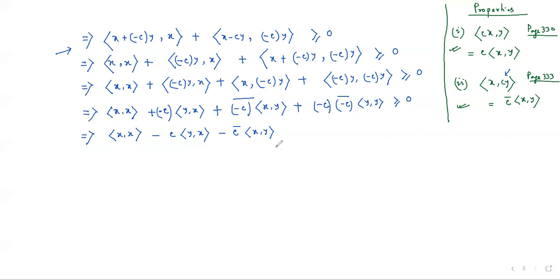I have taken a general c, so I'm writing it as c bar. You cannot write c bar equal to c. It happens only when c is real, but I'm not saying that c is real over here. So we'll write c bar, and that would be c bar y comma y, which is greater than or equal to 0. Okay. Up to this is all right.